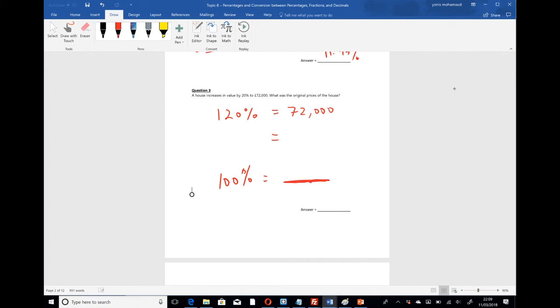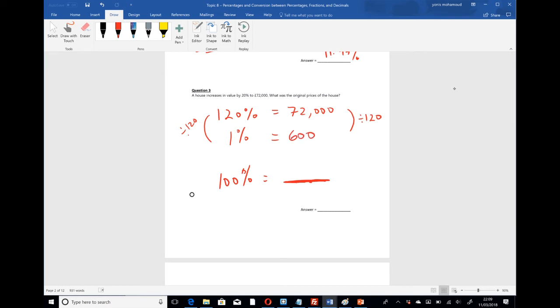So first step is find 1% of the value. 120% divided by what gives me 1%? You are dividing by 120. So what you did to that side, you do to the other side, divided by 120. So you do 72,000 divided by 120, which is 600.